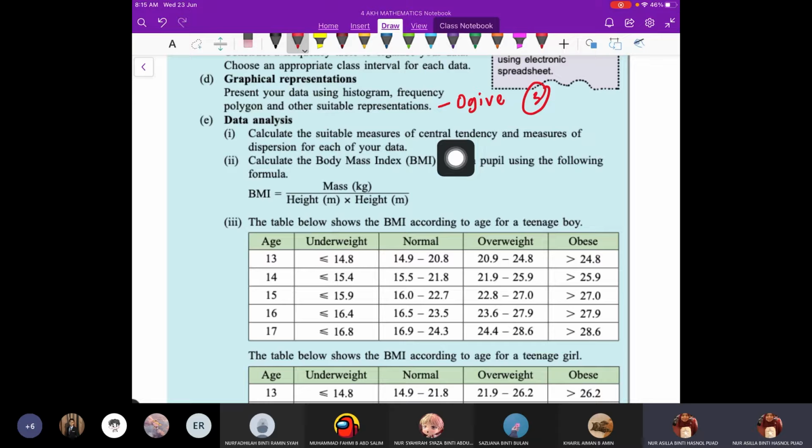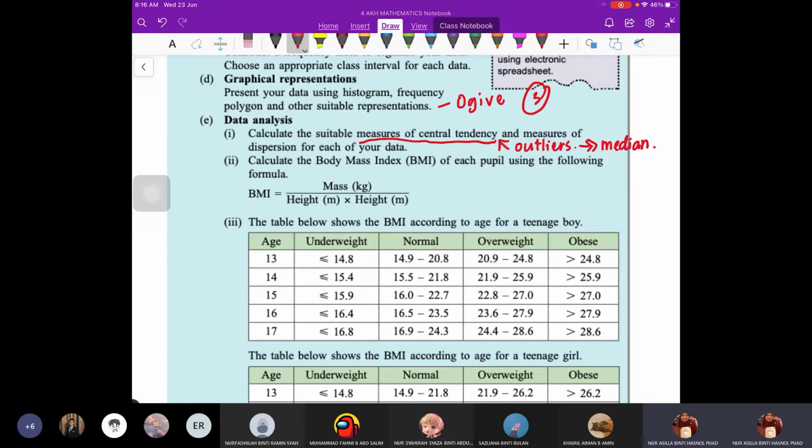So daripada situ, you measure dispersion. Okay, so kat sini saya nak komen sikit. So bila kamu ada outliers, okay, so you decide from your outliers, we decided to take median. Okay, so bila take median, saya tak boleh nak buat measures of dispersion sebab measures of dispersion has to use mean.